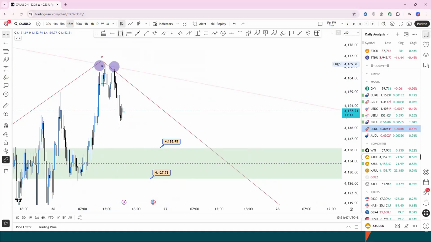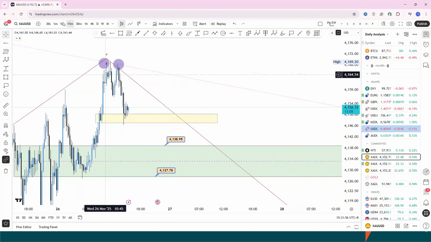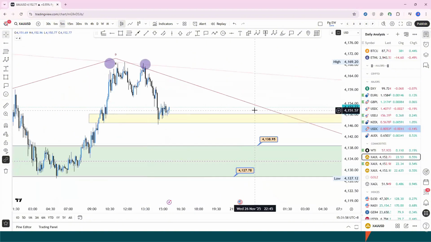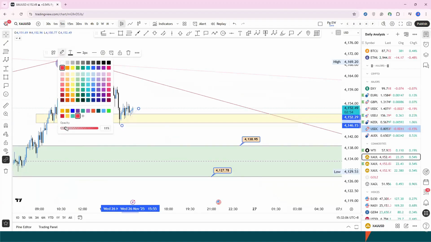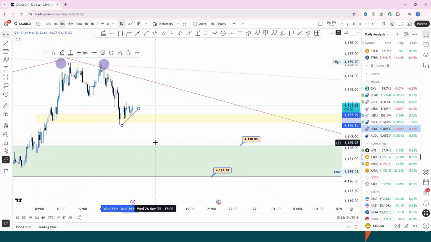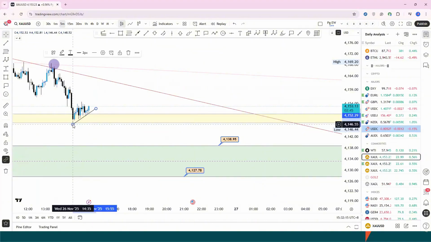Right? Yeah. It cannot close below this demand. That's why they bounce up. In the lower time frame, you will see they also make a higher low. Here, higher low.